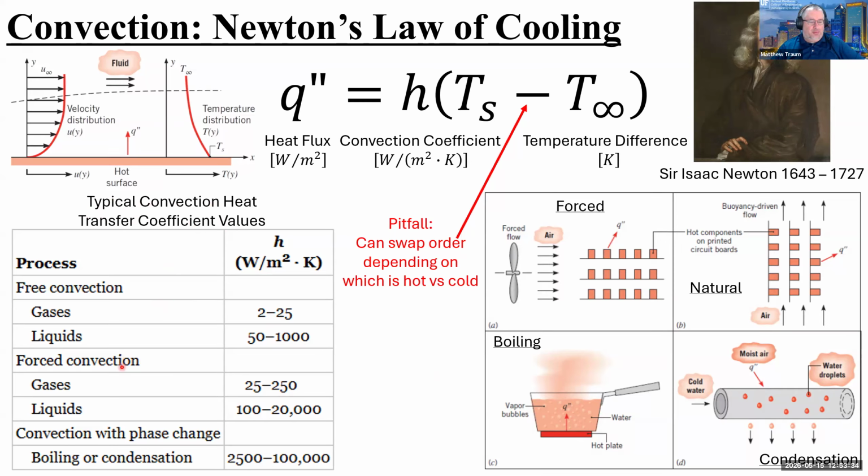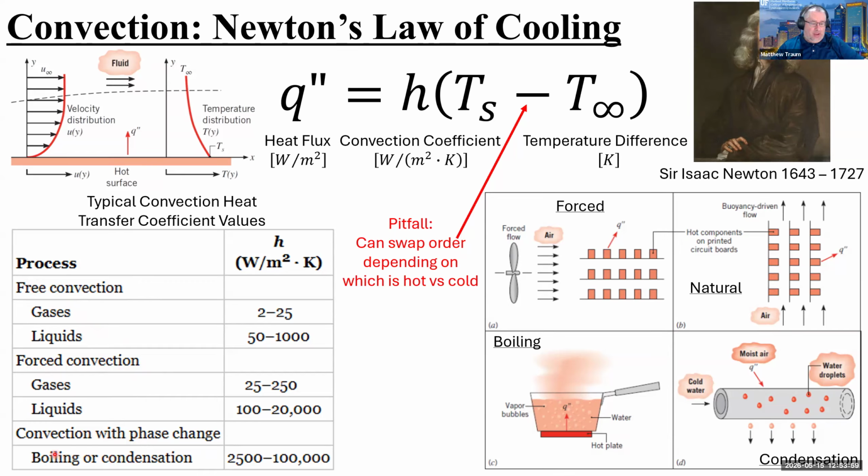There are multiple different kinds of convective heat transfer. We'll talk about them later. But there's essentially free convection, which is natural convection, like buoyancy driven flow. And then there's forced convection, which is where you have a fan or a blower or something forcing your fluid over your surface. And then those can happen for gases, liquids, and then you can also have phase change, right?